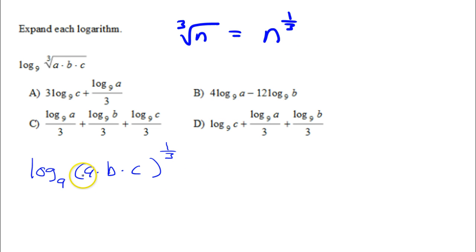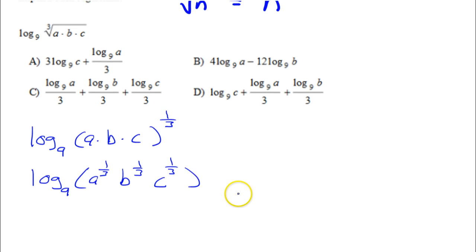Now, if you have a power and you have multiple things being raised to that power, that would be the same thing as having this log base 9 of a to the 1/3 power, b to the 1/3 power, c to the 1/3 power. So that's really the same thing, all right? I'm just raising each one individually to the 1/3 power.